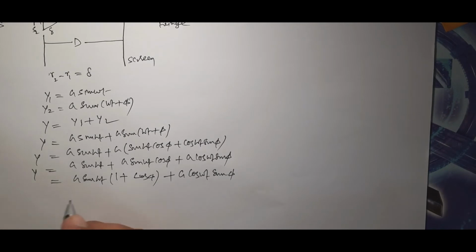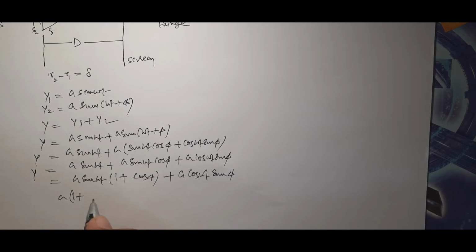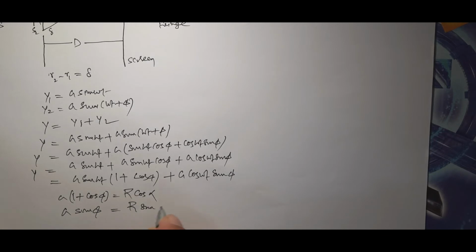Now let us assume a(1 + cos φ) = R cos α, and a sin φ = R sin α. Let us call these equations 1 and 2.